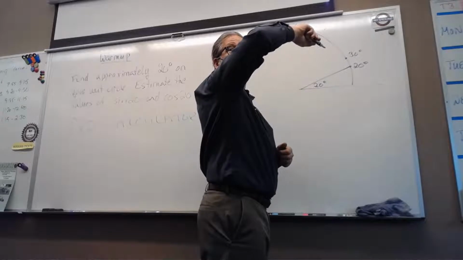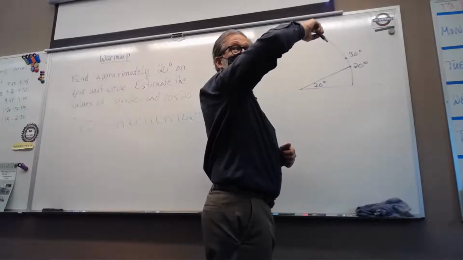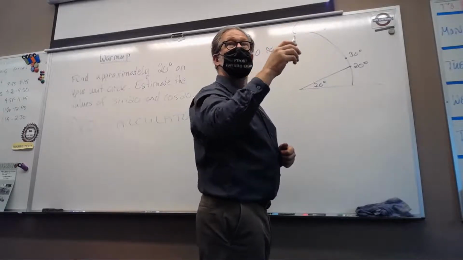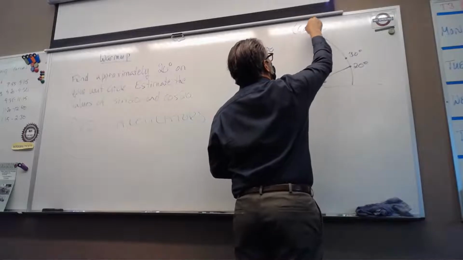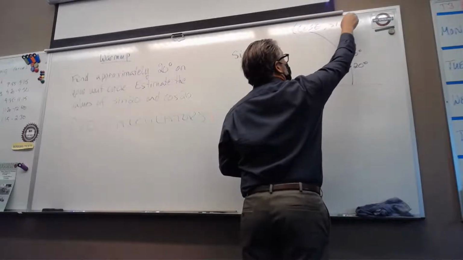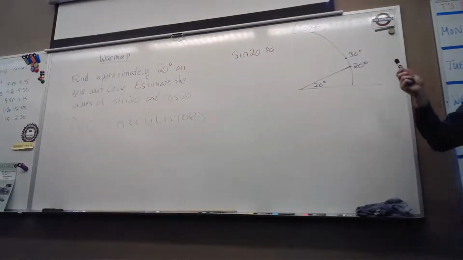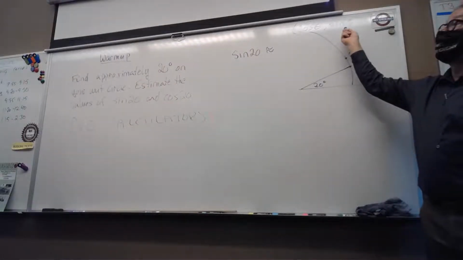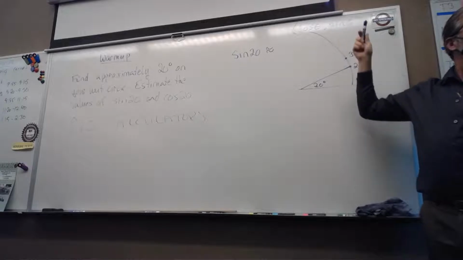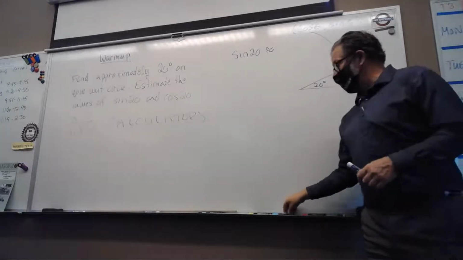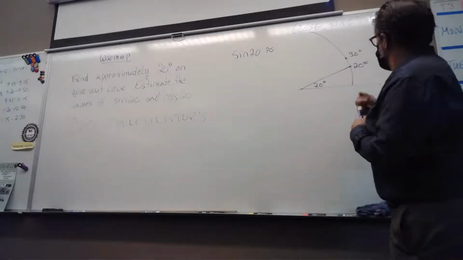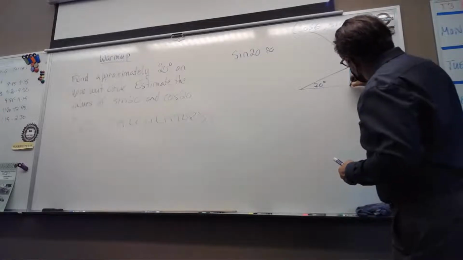Which goes where? So where do I find the sine value when I'm looking at a point? The y value. So can you look at your graph or your circle and can you estimate that length right there?